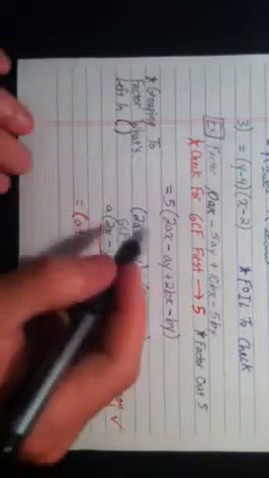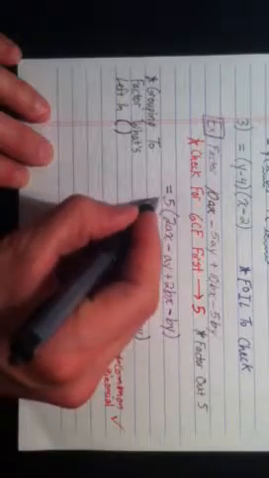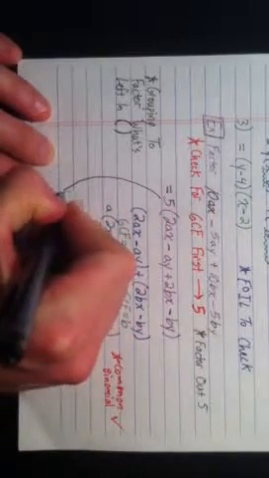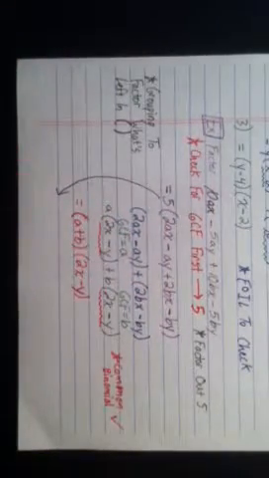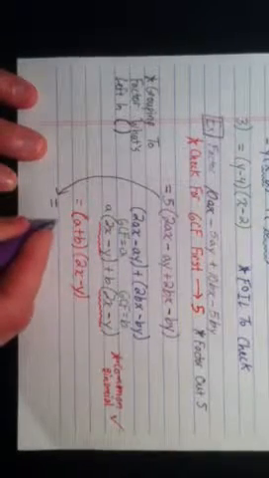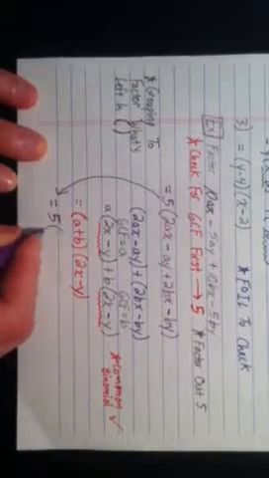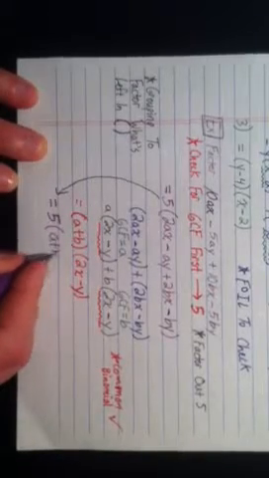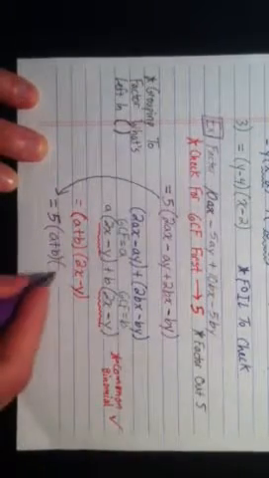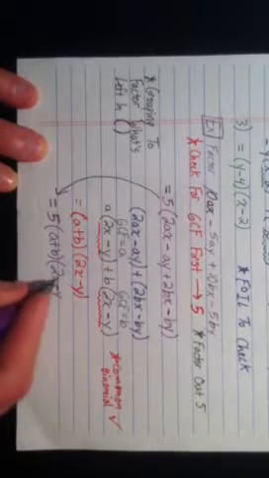So, kind of drawing a line from there, that 5 does need to show up out front in our final answer. So our actual fully factored expression would be 5 times the factor a plus b times the factor 2x minus y.